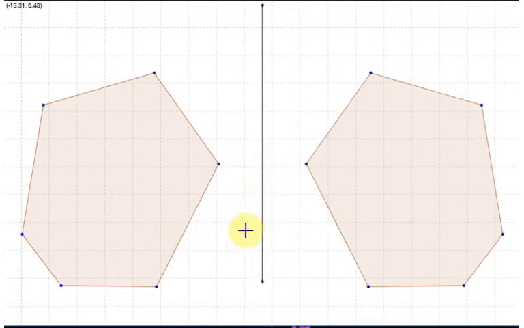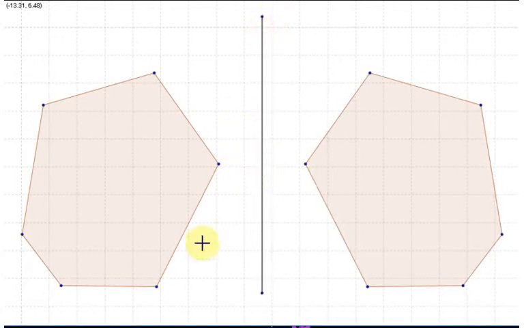So these are the characteristics I hope you could have come out with: if I draw a line from a point of the object to the corresponding point of the image, it will cross the line of reflection at 90 degrees.